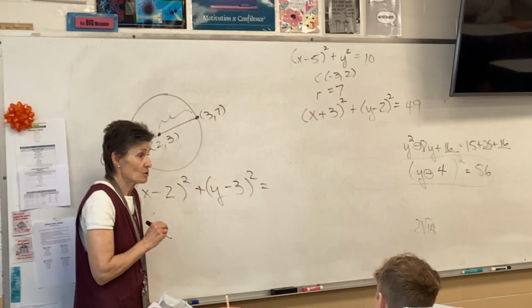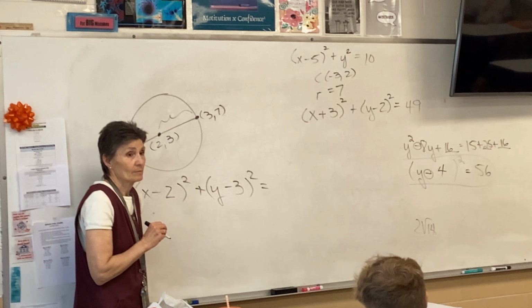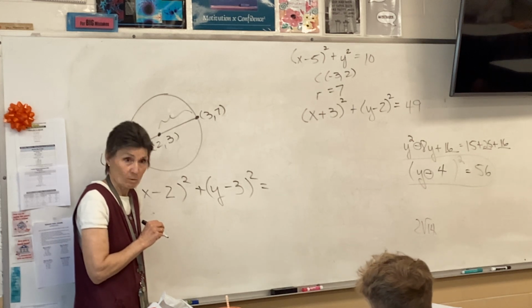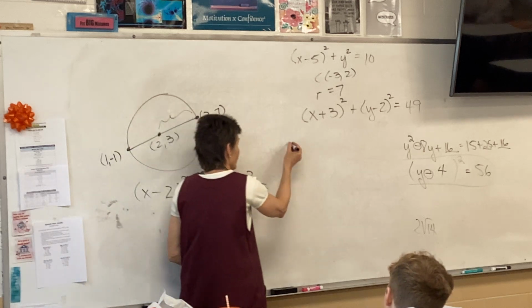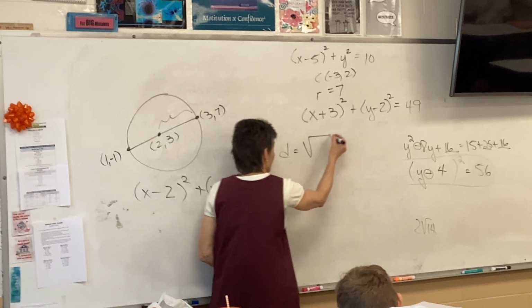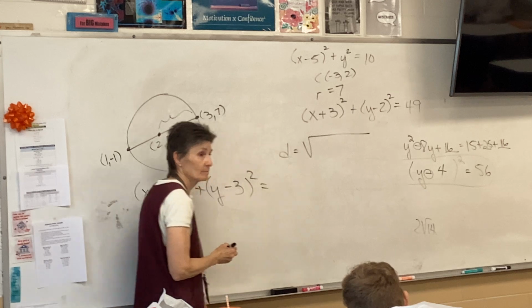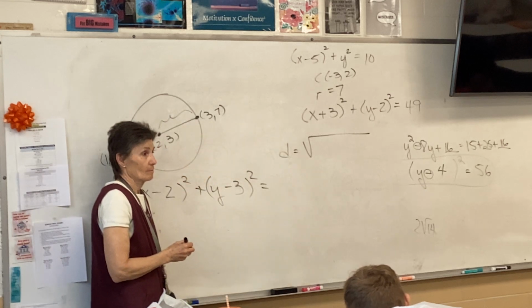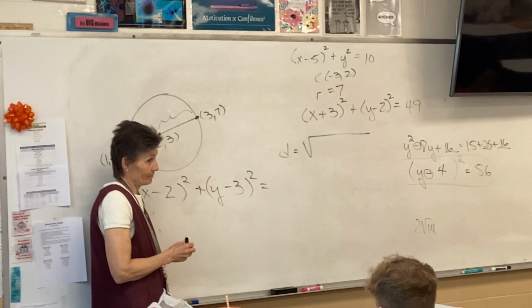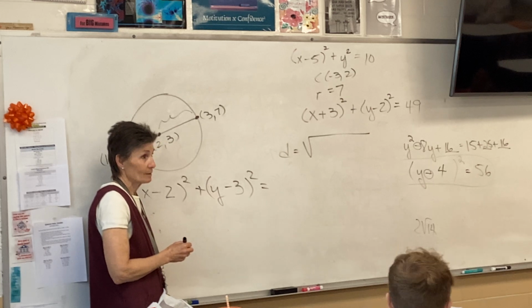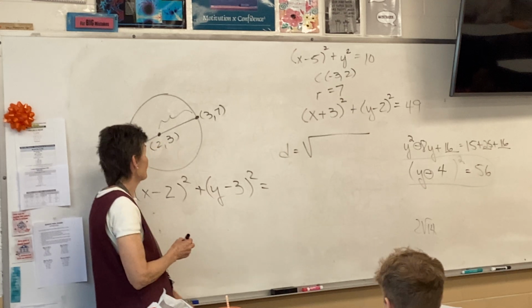Do we have a means for doing that? Yep, it's called the distance formula. How does the distance formula work? Who remembers? It's a radical. No one remembers? Oh Lord.